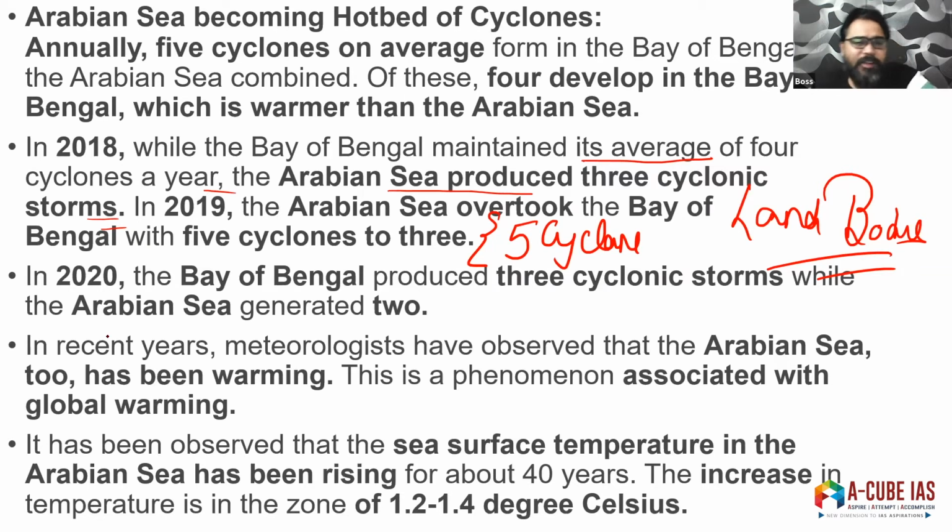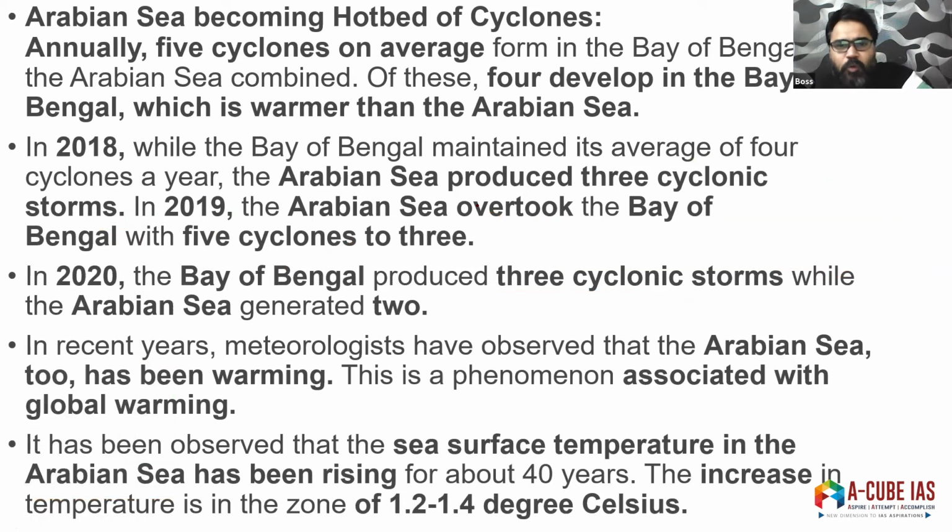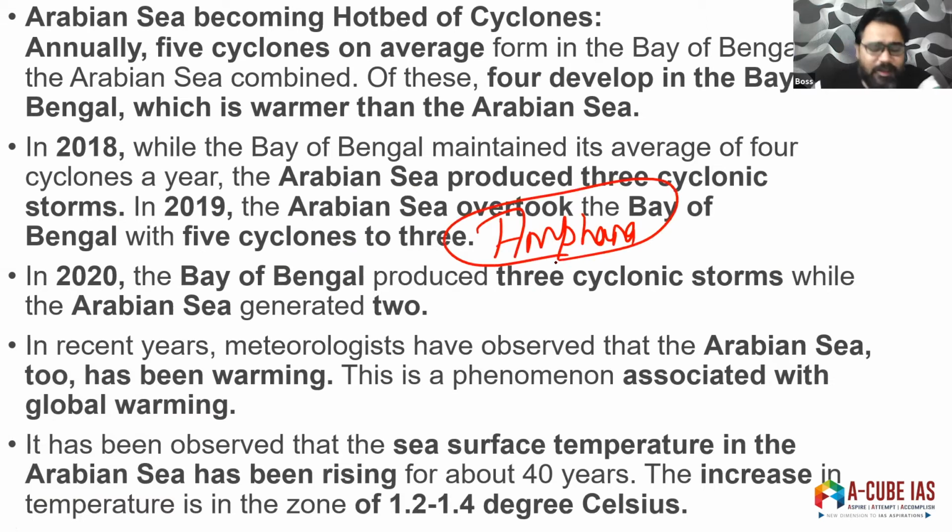However, in 2020, the situation changed. Bay of Bengal produced 3 cyclonic storms. You must have seen, in fact, one of the most politically discussed debates during the West Bengal election was Amphan. Now, Amphan cyclone came in the year 2020.